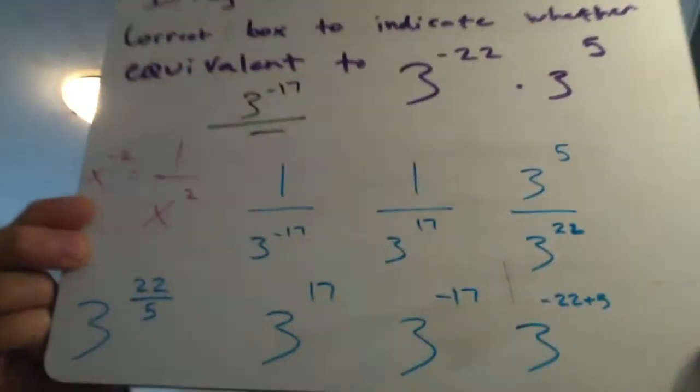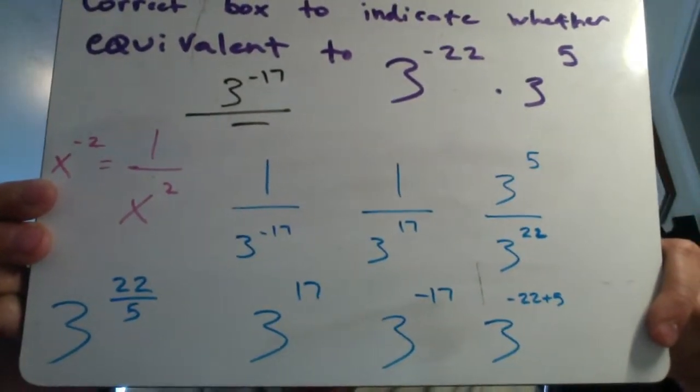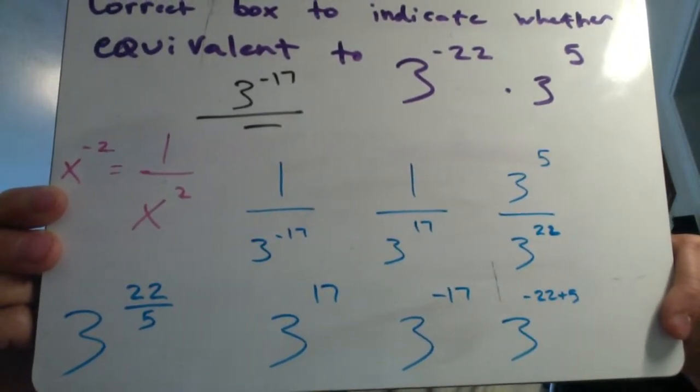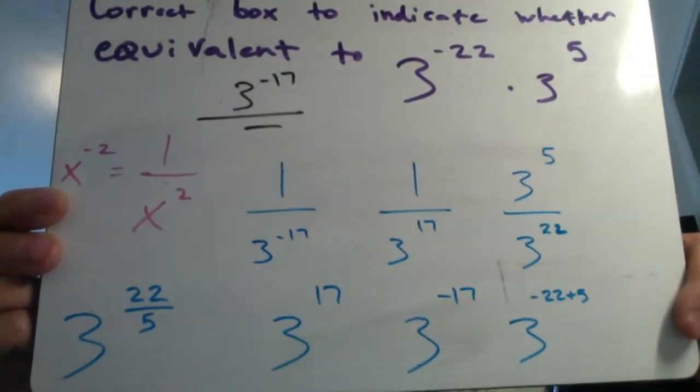Okay, you guys, when you have negative exponents, you drop them down to the denominator like that. In my red example, x to the negative 2 is the same thing as 1 over x squared, right? We're dropping our base and our exponent to the denominator to make it positive.